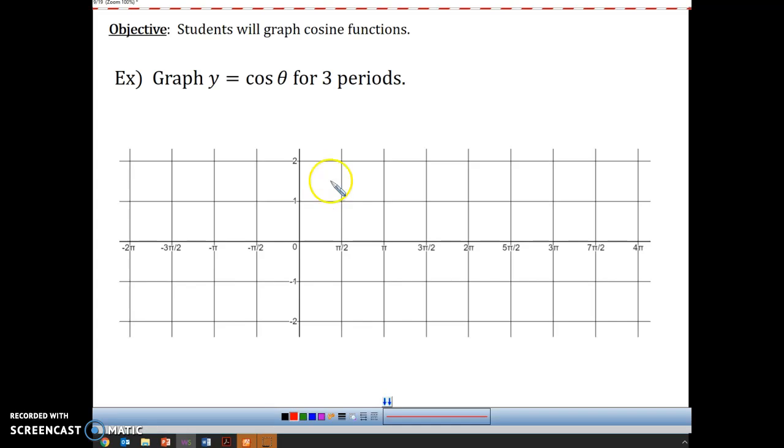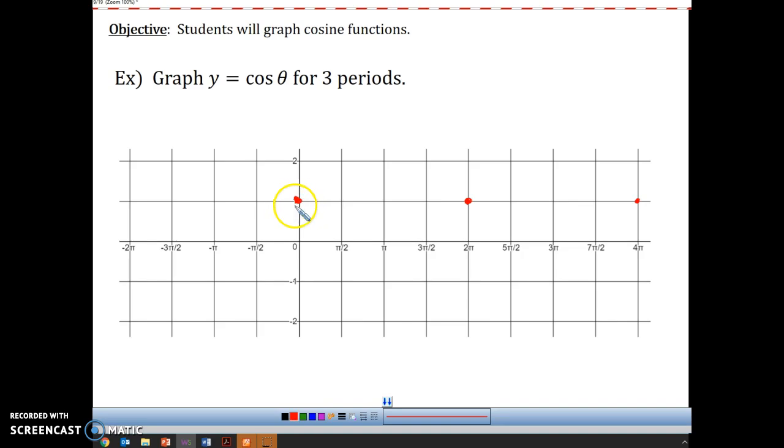Step 1, I'm going to plot my maximum point, which occurs at 1. This is going to repeat every 2 pi. The period is, again, 2 pi. So I have a point here, and a point here, so this is just 2 pi.